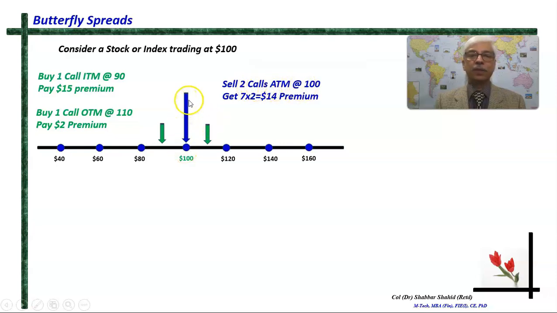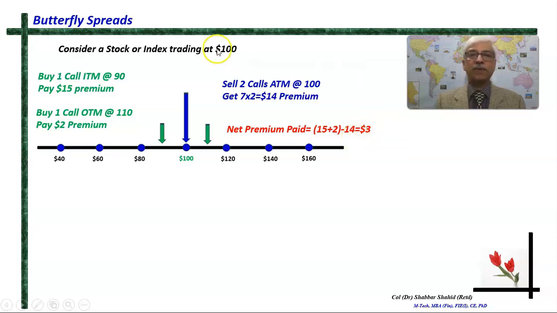And because you are selling at ATM, the price will be somewhere in between these two, 15 and 2. So let us say you sell at 7 each call, you get a premium of 14 because you are selling two calls. All right. So the net premium that you have paid is 15 plus 2 minus 14 which you have got back here. So net $3 premium you have paid.